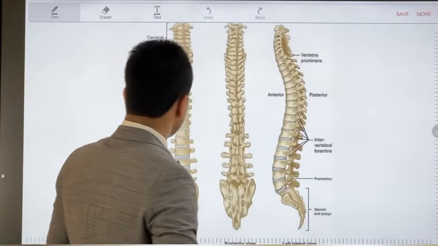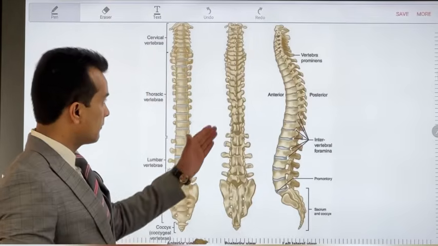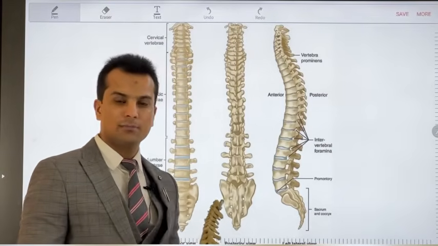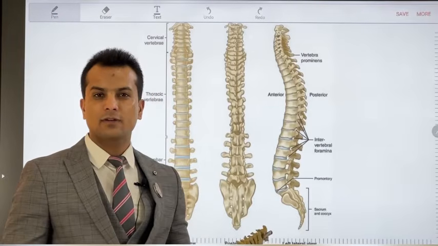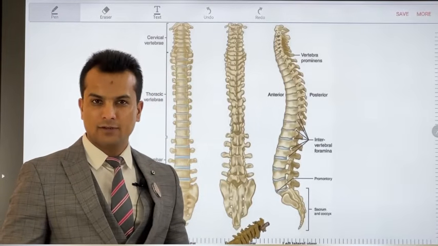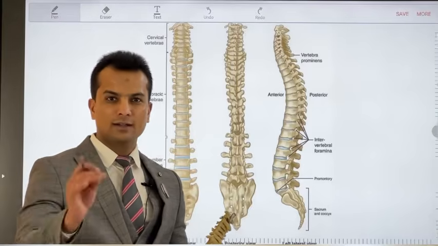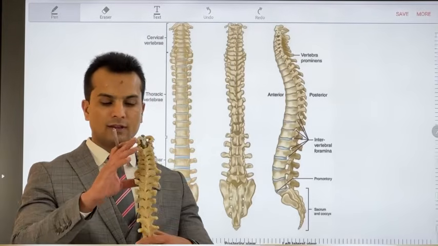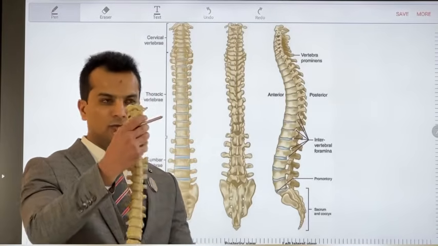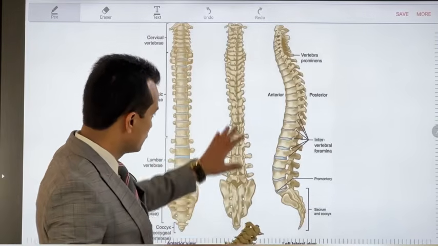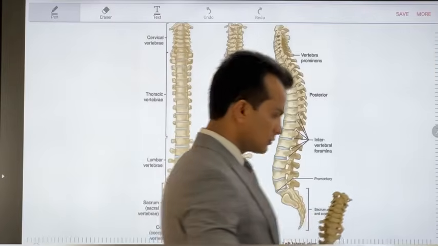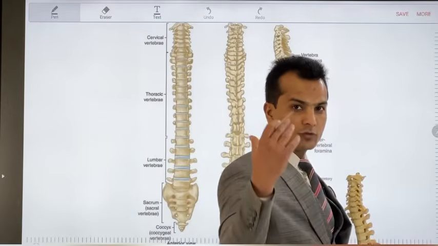When you are talking about the vertebral column, the backbone, the spine, it consists of a total of 33 vertebrae. You have got 7 cervical vertebrae. This is the anterior view, this is the posterior view, and this is the lateral view, which you can view from the lateral side.